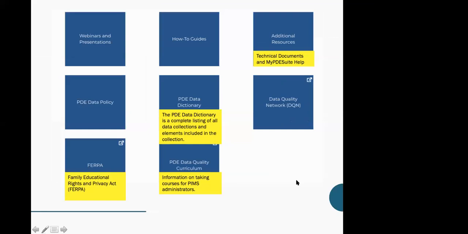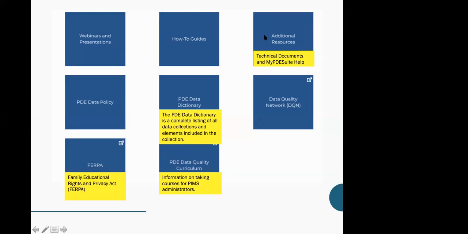Okay. If we go into the resource area, these are the kinds of things that you're going to see for resources. This is FERPA, which is your Family Educational Rights and Privacy Act. You may or may not have reason to need to go into there. Webinars and presentations, all the how-to guides, which are excellent resources for you.